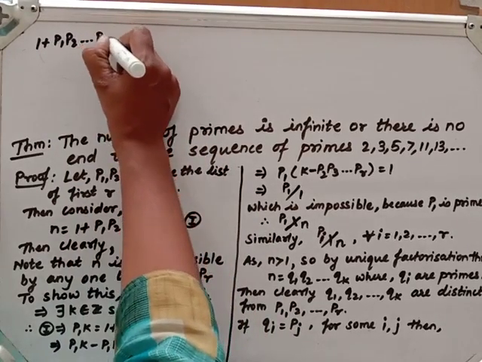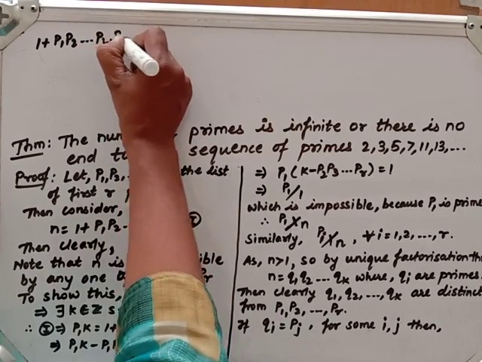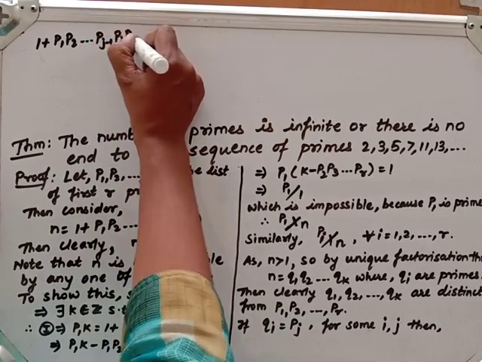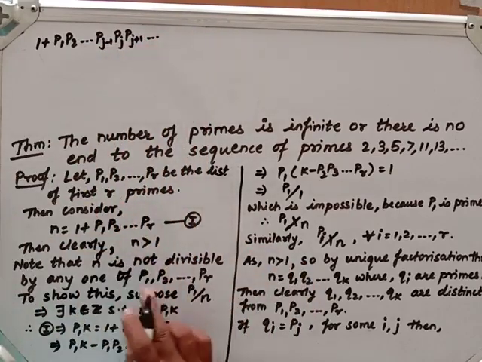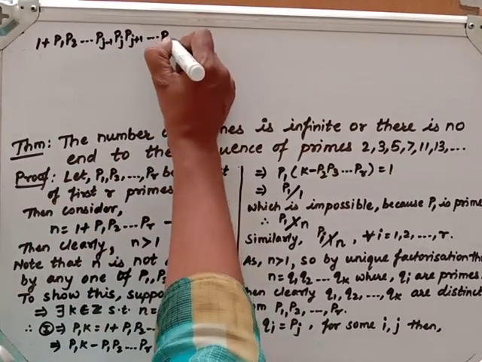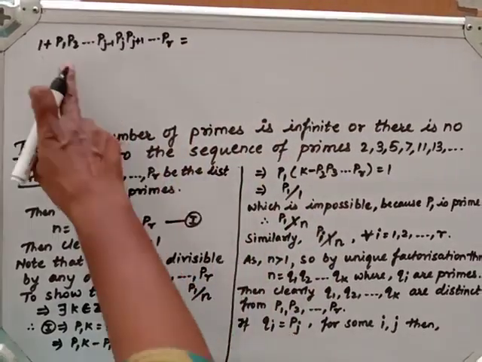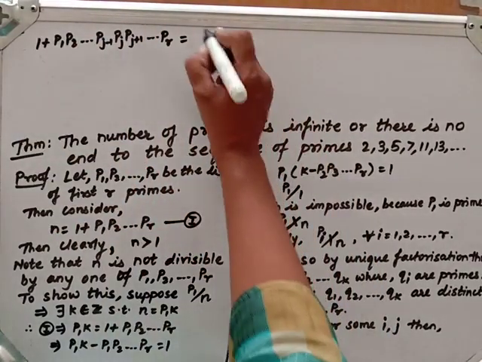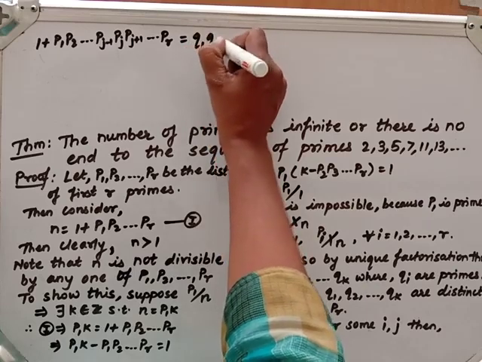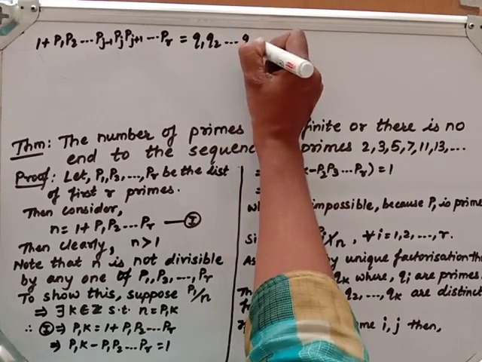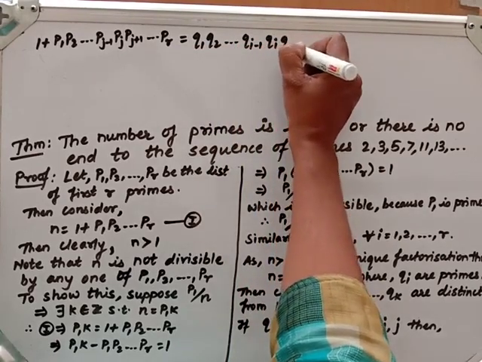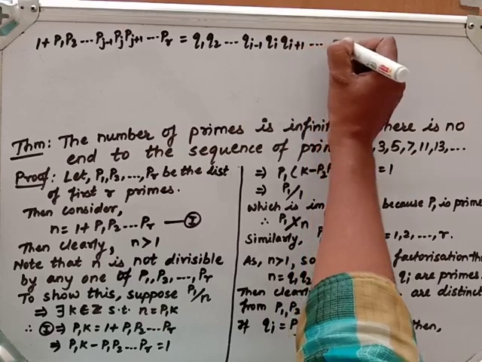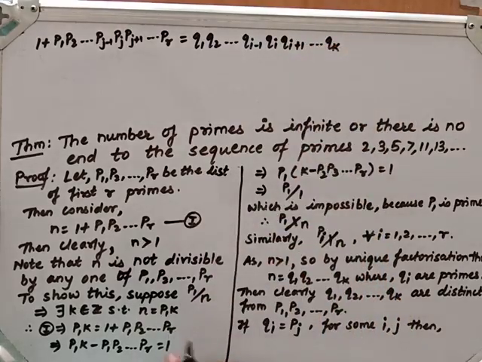So somewhere here Pj minus 1, somewhere here Pj and Pj plus 1, up to Pr, that is equal to, this is also n and this is also n, that is equal to q1, q2, so on up to qi minus 1, qi plus 1, so on up to qk. It will be as such if this is the case.